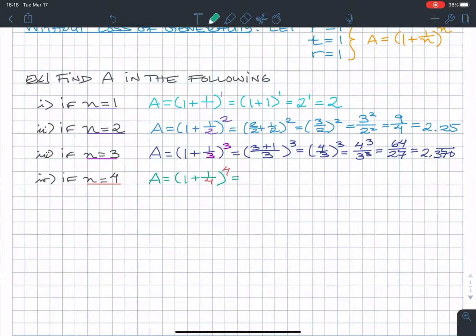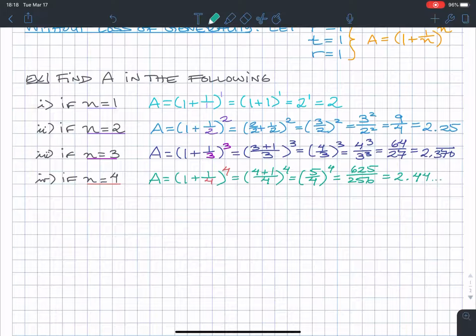Do you agree that 1 is 4/4? So what I really have is 4 plus 1 over 4, all raised to the fourth power. So that is 5 over 4. Once again, the numerator is 1 more than the denominator. 5 to the fourth power is 625, and 4 to the fourth power is 256. And this becomes 2.44, etc.